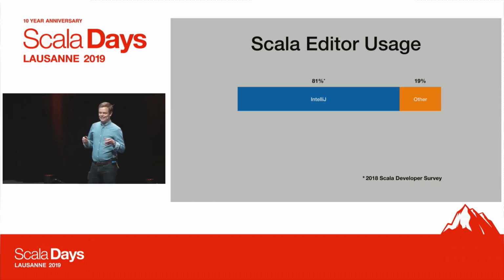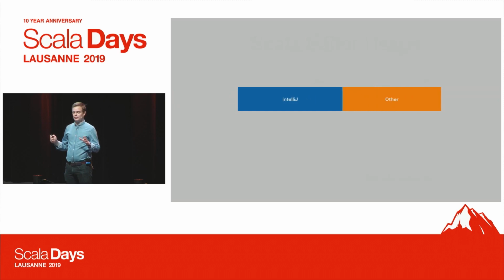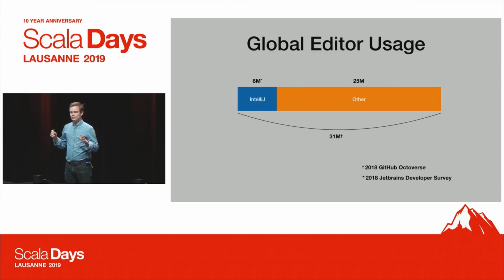So I want to take a moment here and look at the 81% number, because if you take the global programming community, it's not the same. If you take the GitHub Octoverse, they claim that there are 31 million programmers globally in the world, and that's a fair estimation, I guess, of GitHub users, number of developers.